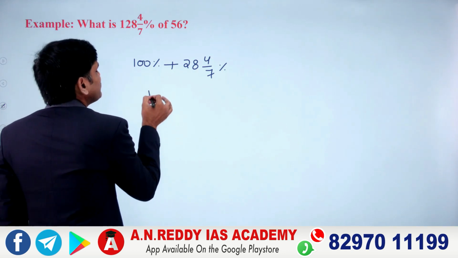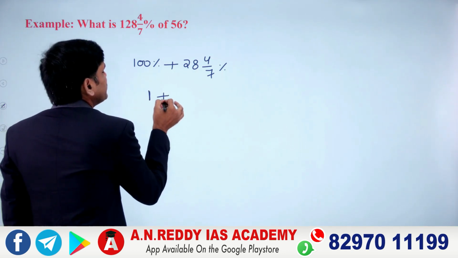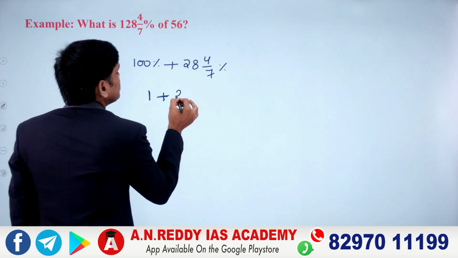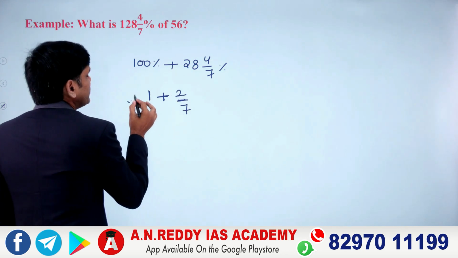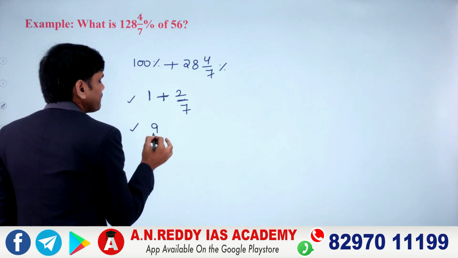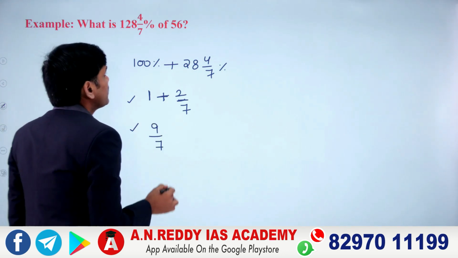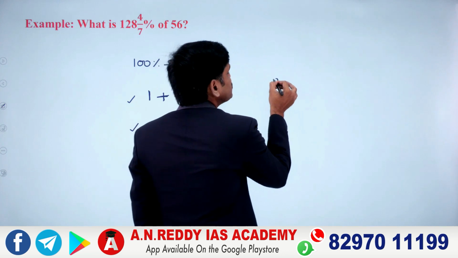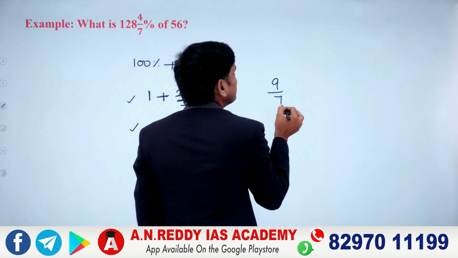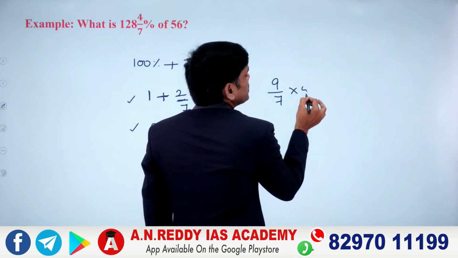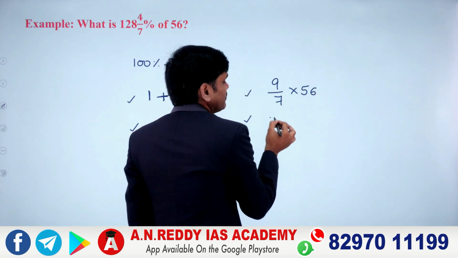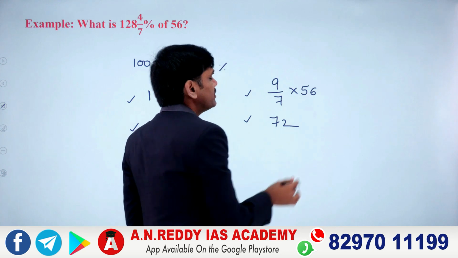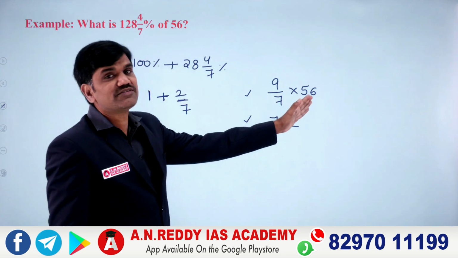Hence 100% of the number is nothing but 1, plus 28 4 by 7% is nothing but the fractional equivalent 2 by 7. So this will be equal to how much, dear? 9 by 7. Hence our answer should be 9 by 7 times of 56. That will give you how much, dear? 72. Because 7 8s are 56, 8 9s are 72.